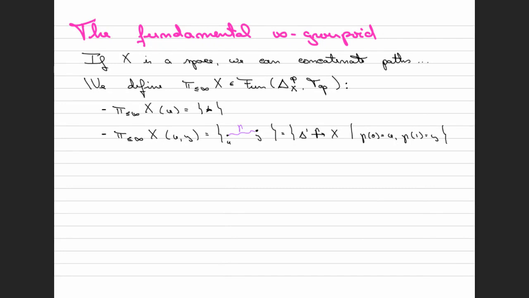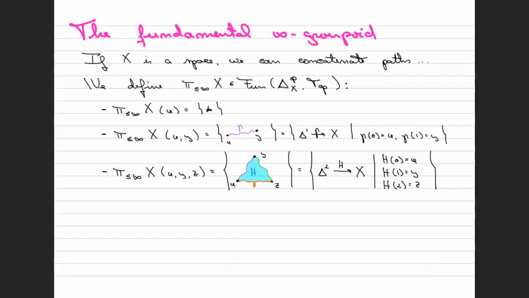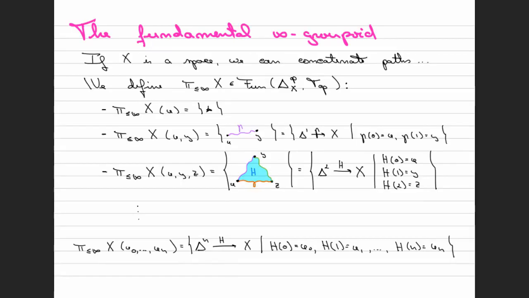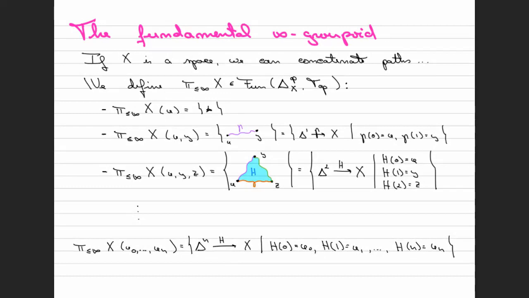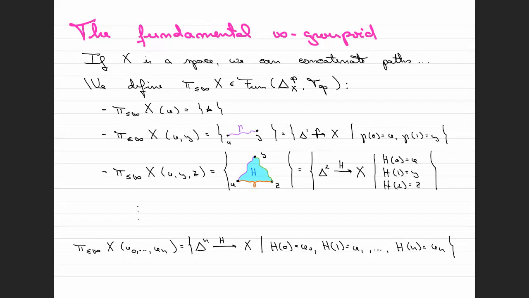The next should be some space of triangles. What are the triangles? They are maps from the topological two simplex into X that send the vertices accordingly. And then we generalize: the space of n-dimensional tetrahedra is the space of maps from the n-dimensional tetrahedron into X.